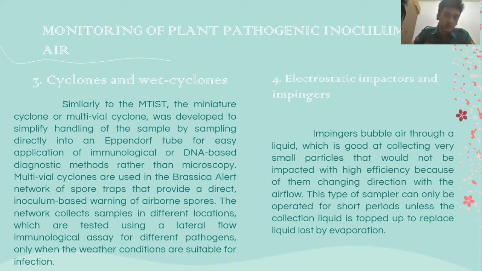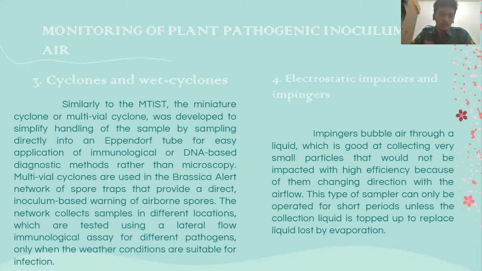Number 3 is cyclone and wet cyclone. Similarly to the MTIST, the miniature cyclone or multi-vial cyclone was developed to simplify handling of the sample by sampling directly into the Eppendorf tube for easy application of immunological or DNA-based diagnostic methods rather than microscopy.